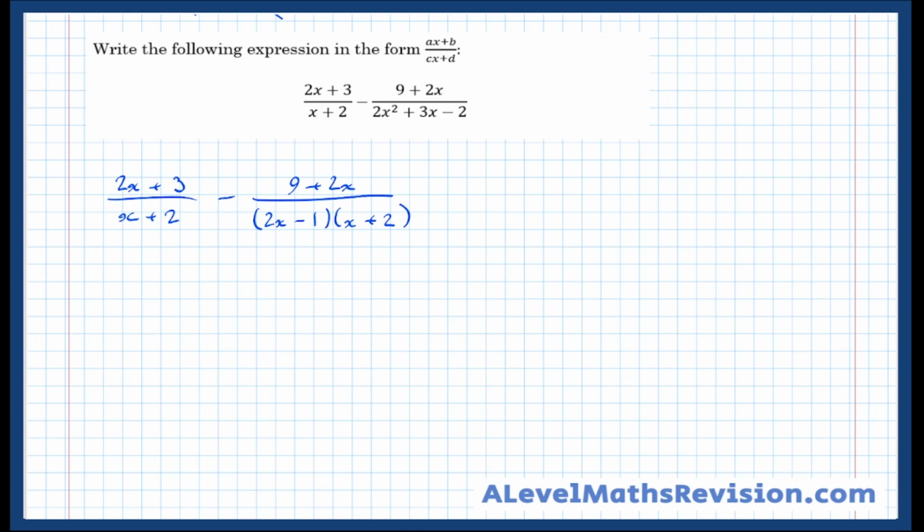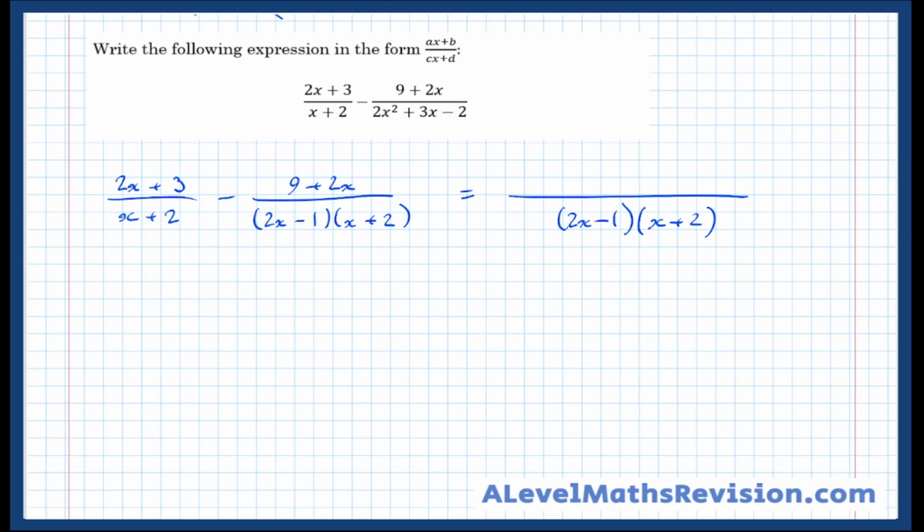That means to get the common factor, we need to multiply this by something over itself. So the common factor is, first of all, 2x minus 1, x plus 2. And this one needs an extra factor of 2x minus 1.